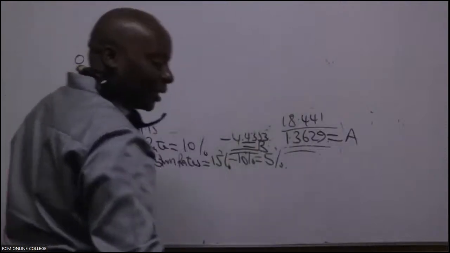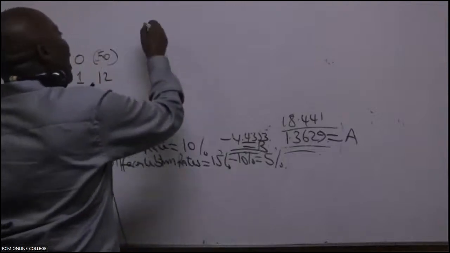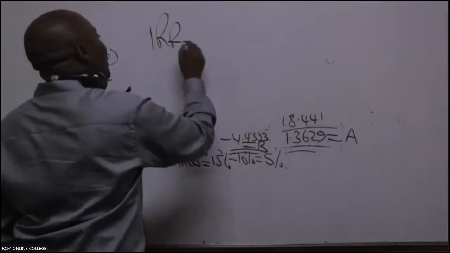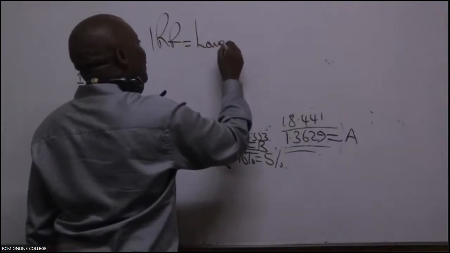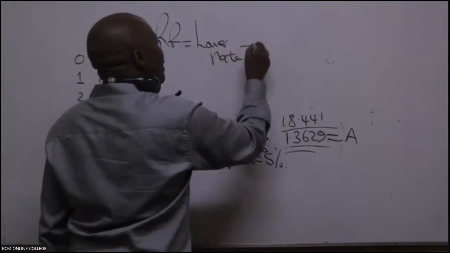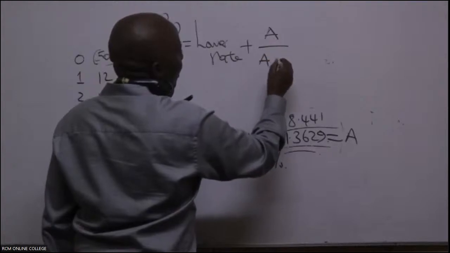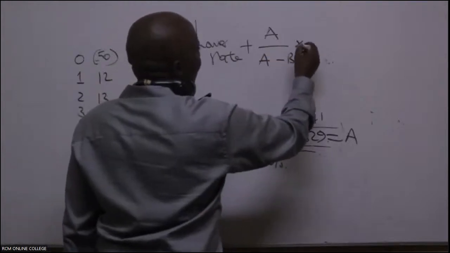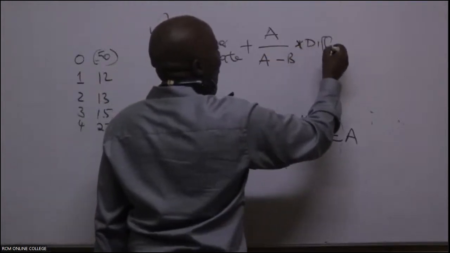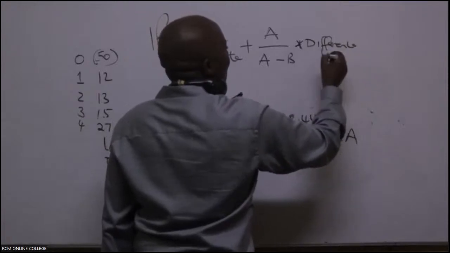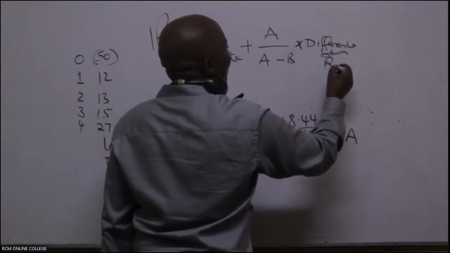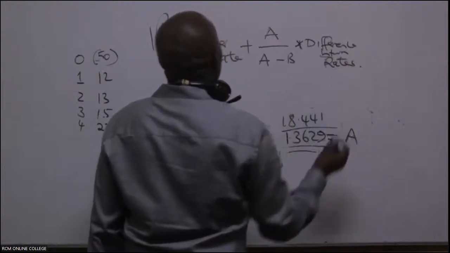You tell us that IRR equals the lower rate plus R over R minus B times the difference between rates.